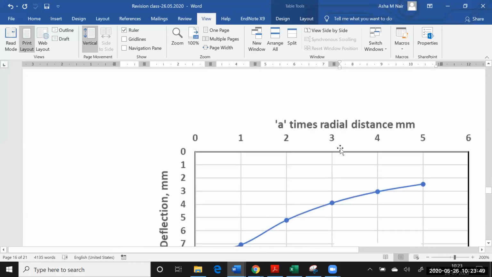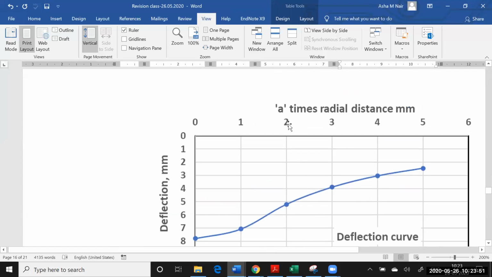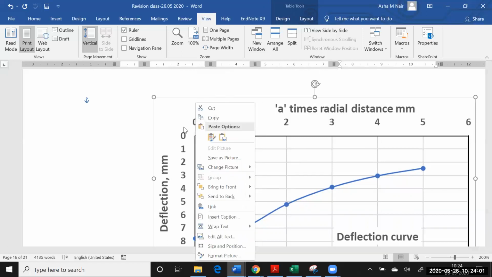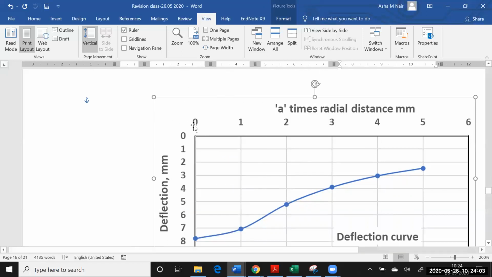So I have plotted a graph in such a way that, you can see here, this is A times the radial distance in mm. So the 0 represents below the wheel load, and as it is going away from the wheel load, you can see that the value of the deflection keeps on reducing.